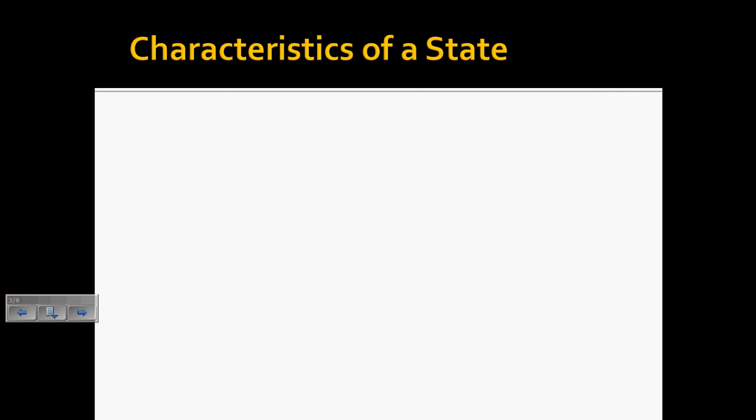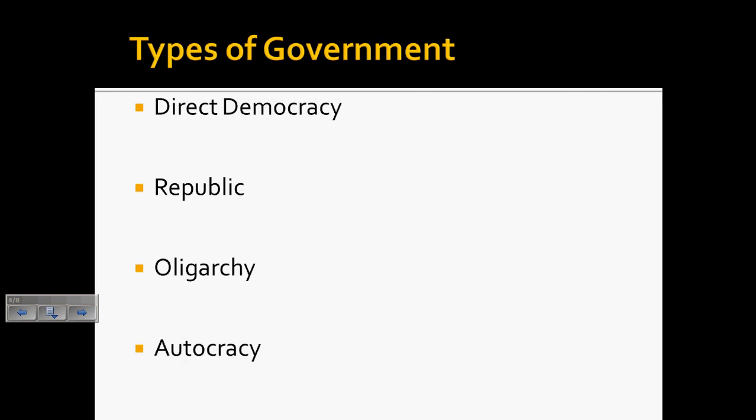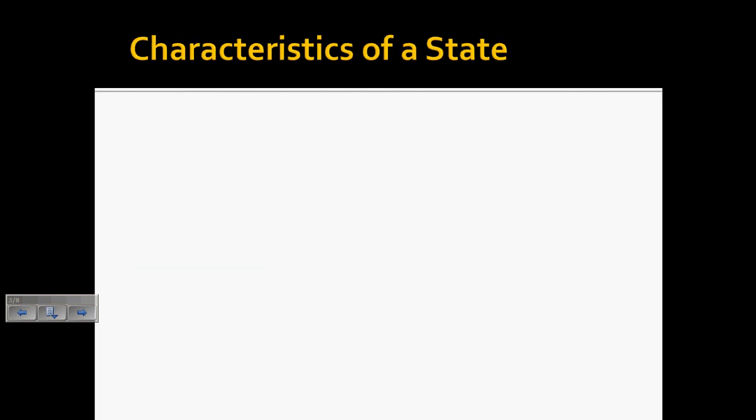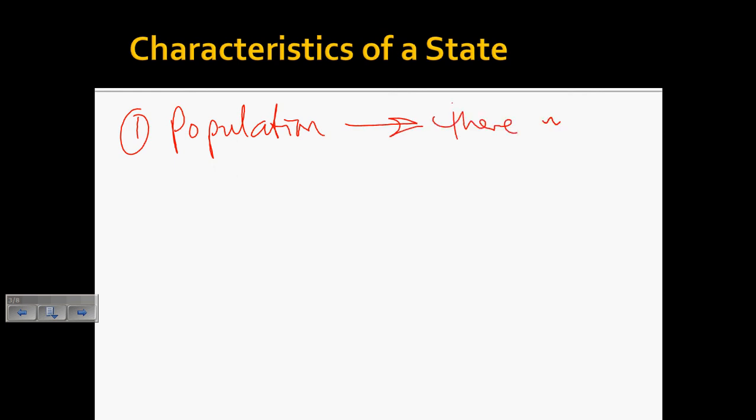And I want to make sure we understand the characteristics of the political state, and these are well outlined in the book as well. But if we look at the characteristics of a state, there's 4 of them. Number 1, population. This is pretty simple. There must be people. If you don't have people, you don't have a state.